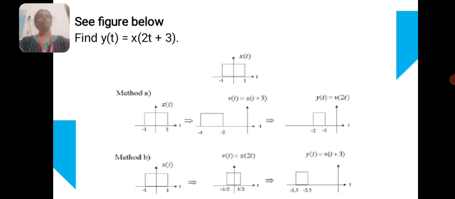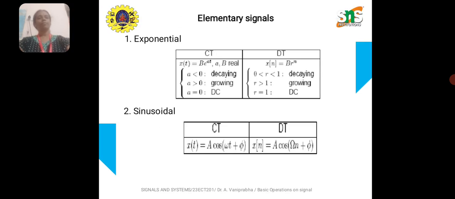So half minus 3 gives minus 2.5. Again here, minus half minus 3 is minus 3.5. So this is the time scaling and shifting operation. Hope you can understand this example better.